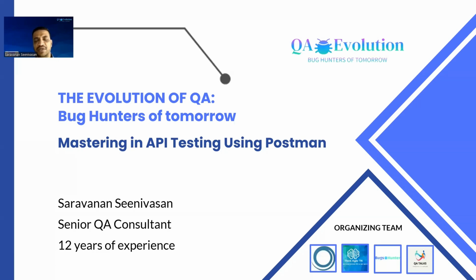API testing has become essential for the QA role. So you must have some API testing knowledge: how to test your APIs and validate, contract testing, integration testing, everything is coming. So that is what we are going to see.